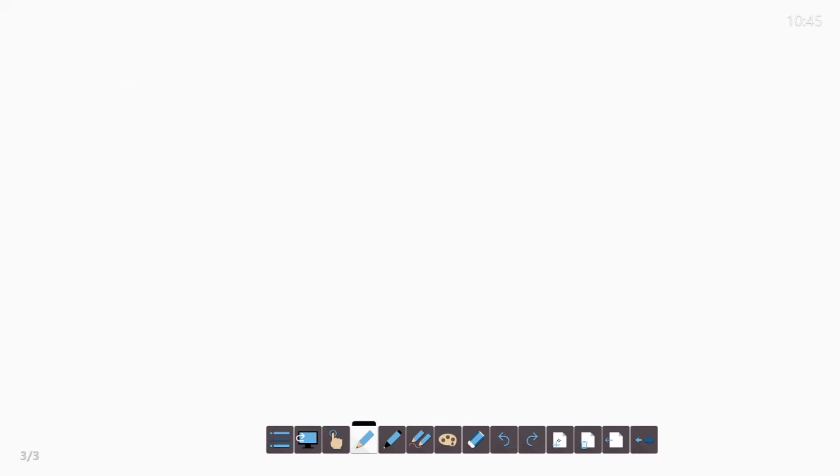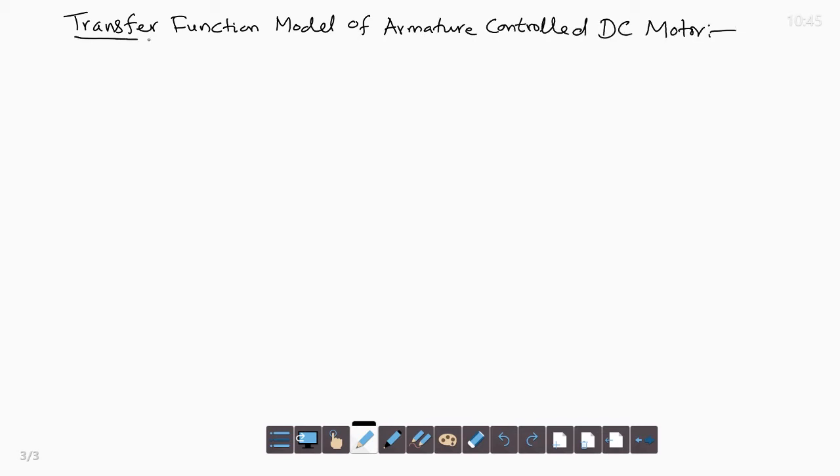First we will discuss transfer function model of armature control DC motor. In armature control DC motor, by the basic property, flux phi is constant.